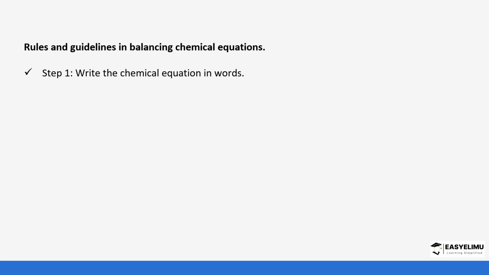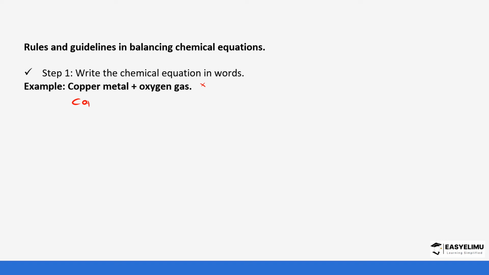So the first thing is to write the chemical equation in words, or we call it the word equation. This will make your work easier. So you can see, for example, our example question is copper metal reacts with oxygen. This equation is not complete, so we need to complete it.